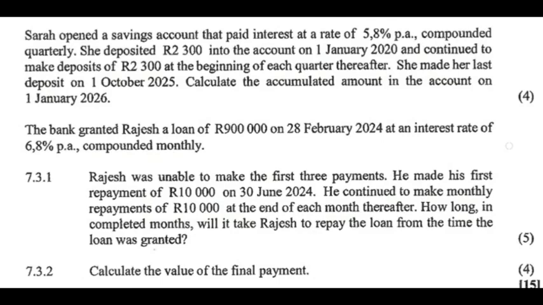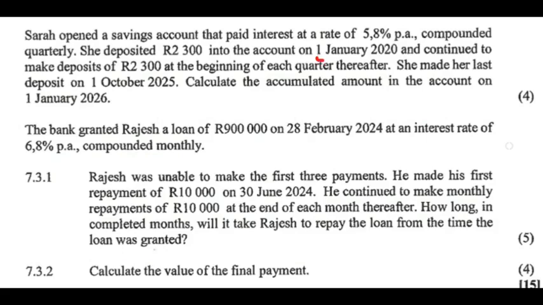For Sarah's savings account, we're going to apply the future value formula. First of all, we need to determine the number of deposits. The deposits are made quarterly from 1st January 2020 to 1st October 2025.